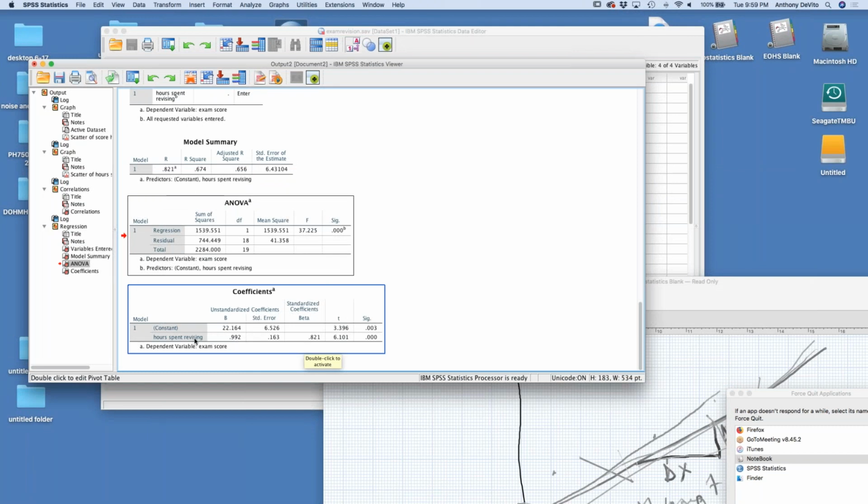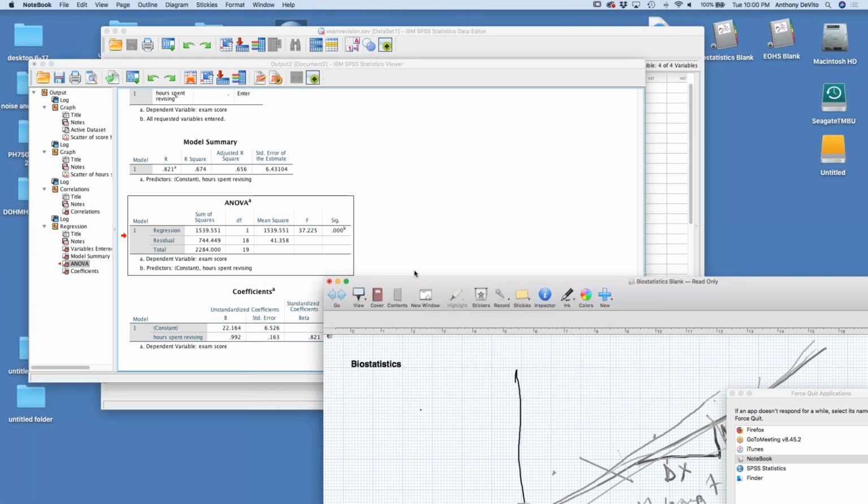And this value, hours spent revising, unstandardized coefficient, that hours spent revising represents the slope for our line. And constant represents the y-intercept.